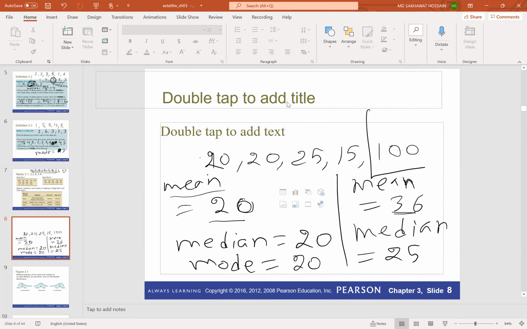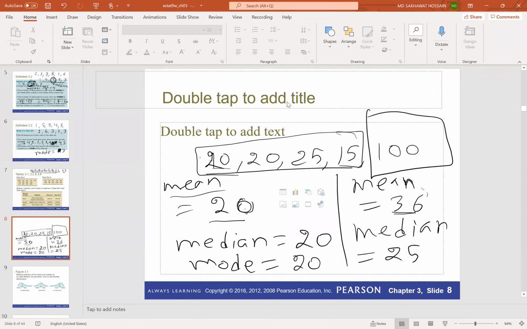So when we do not have these outliers, then 20 represents the data set very well, right? If we just say the mean of the data is 20, we can say most of the values of the data are around 20. This is the center, so that represents the data set very well.